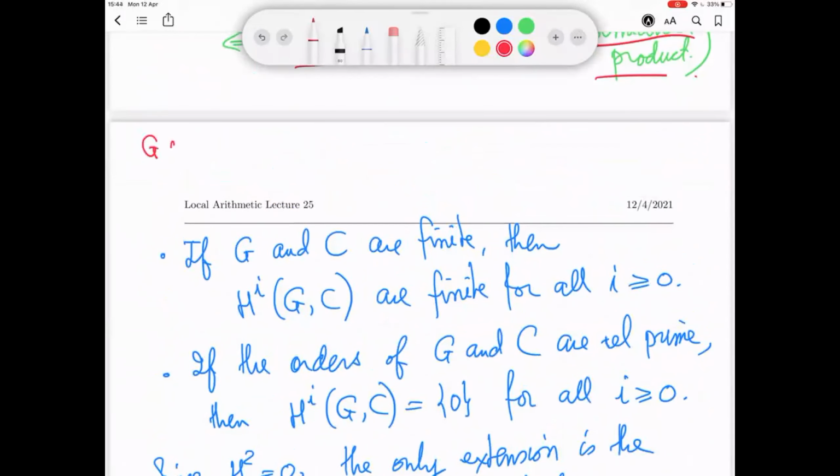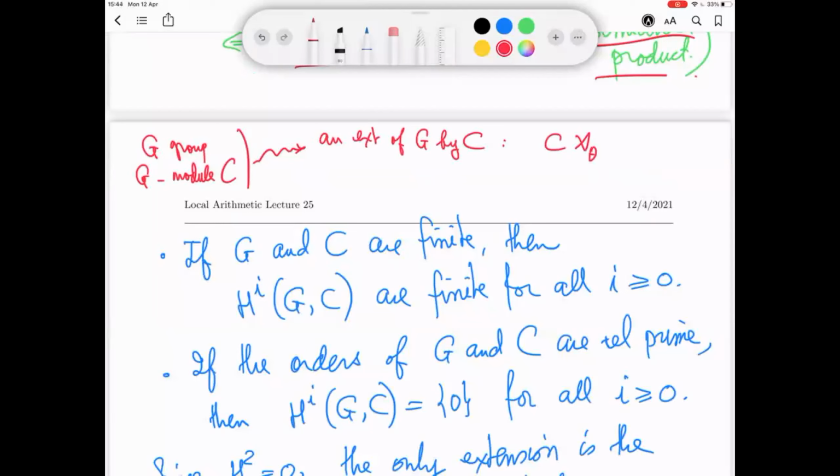Given a group G and a G-module C, there is always an extension of G by C, namely this semi-direct product.